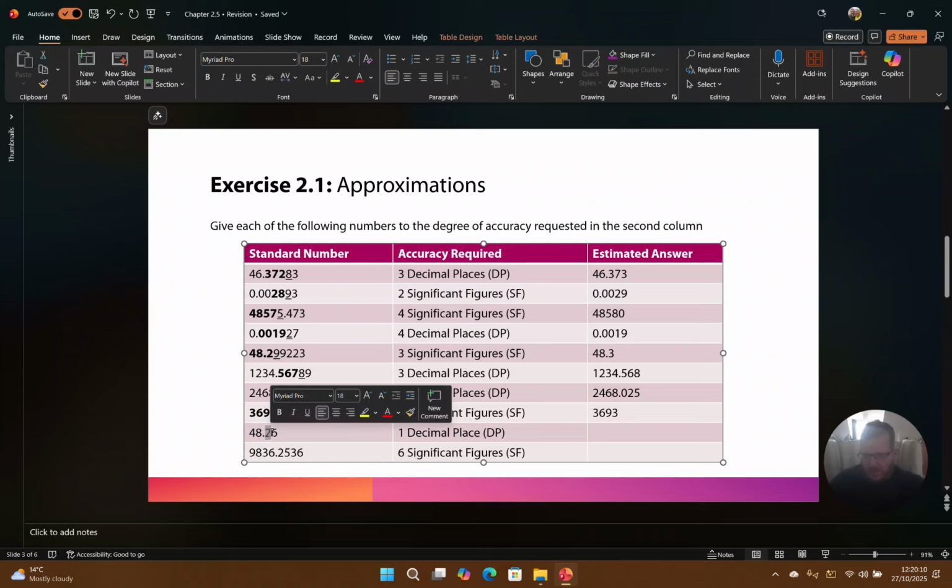And then we do 1 decimal place. So we'll keep the 48 in place, and then we'll round the 2 up because the 6 is greater than 5.